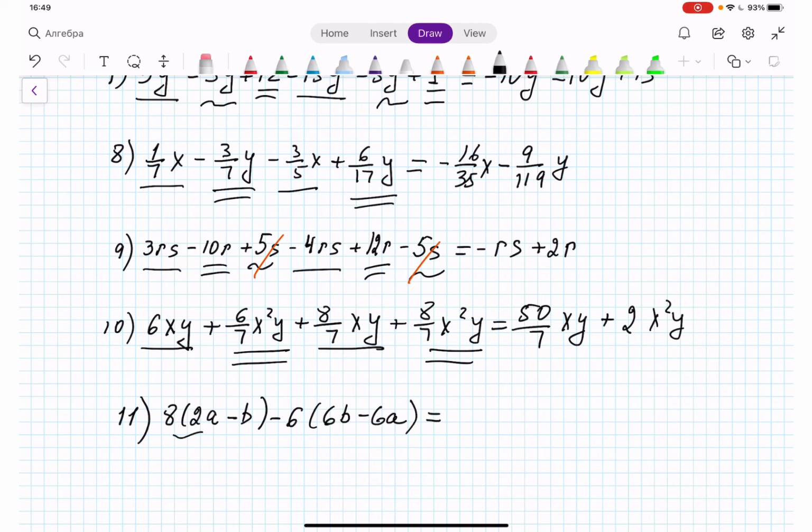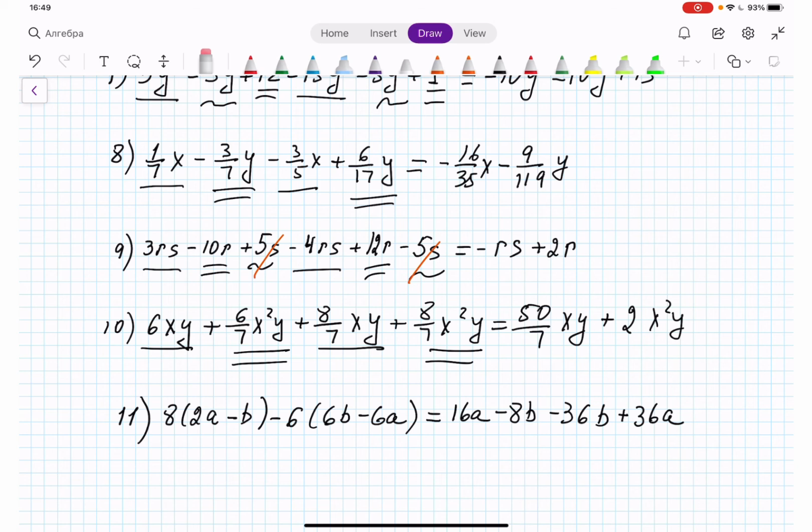8 times 2a is going to be 16a. 8 times negative b is negative 8b. Negative 6 times 6b is negative 36b. Negative 6 times negative 6a is going to be plus 36a.